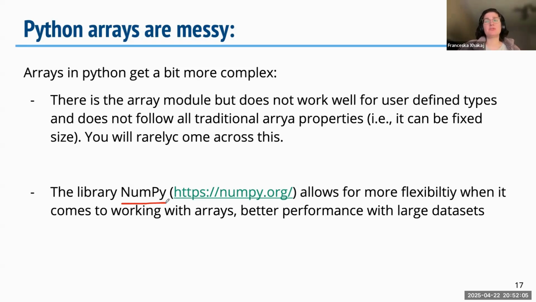It gives you quite a bit of flexibility in working with arrays, especially when you have really large arrays that require much more insight and concern about complexity and space. So if you ever need to work with static fixed size arrays in Python, I would encourage you to use NumPy and not the traditional array module.